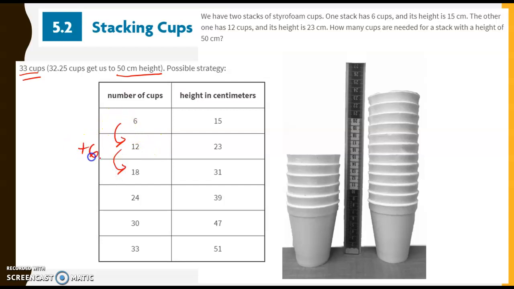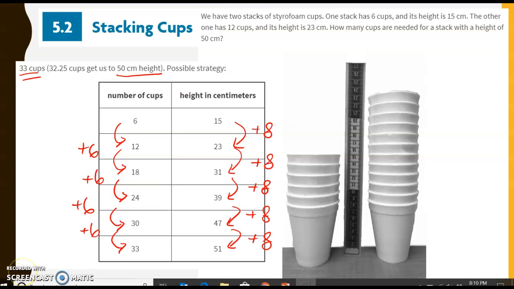This is adding 6, right? I can use this relationship to predict my answer. On the other side, I am adding 8. So again, using the relationship, I'm predicting what it's going to be to get to the height of 51, and I know it's going to be 33 cups.